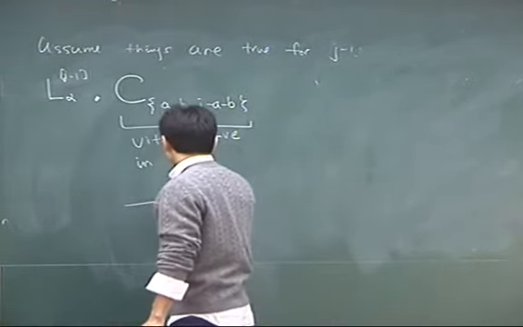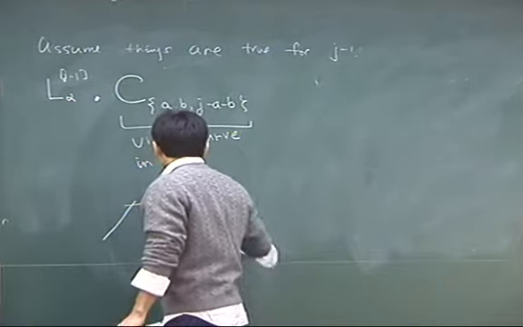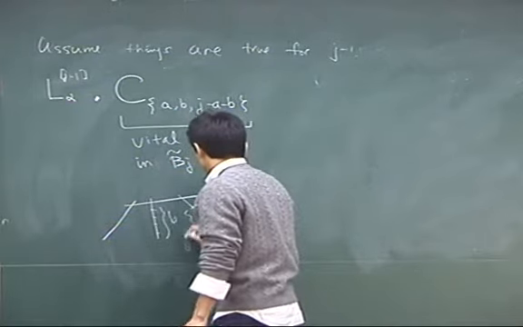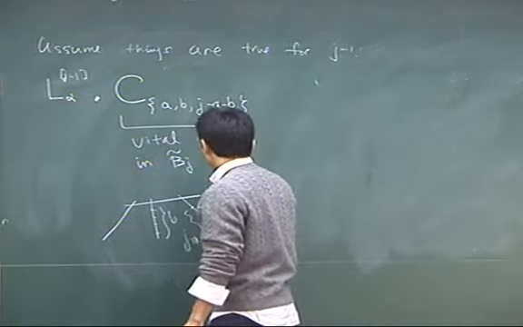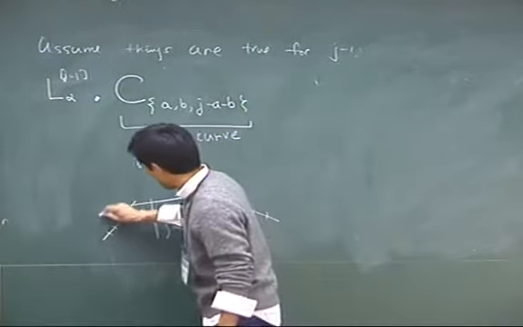So these are all genus 0 curves. There are b many points, and there are b many points, and then there are j minus a minus b many points, and then the rest of them are here, and then there are a points.